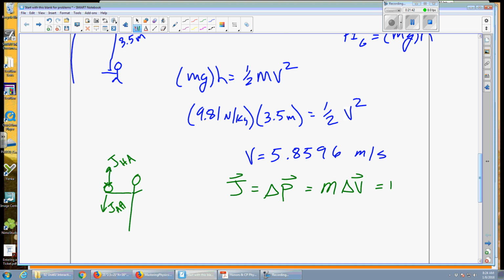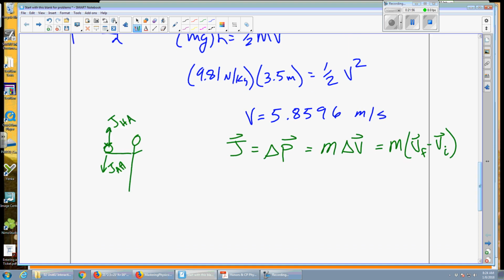And that's going to be, I could even go further, V final minus V initial. What is the V final if they catch the apple? 0. So far I haven't had to deal with direction.